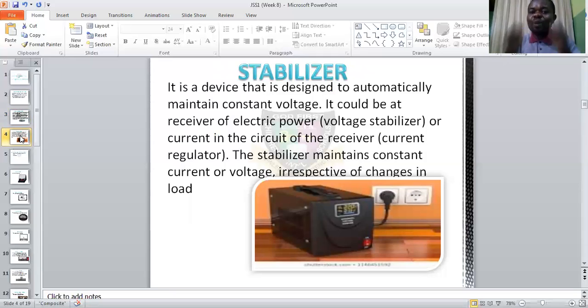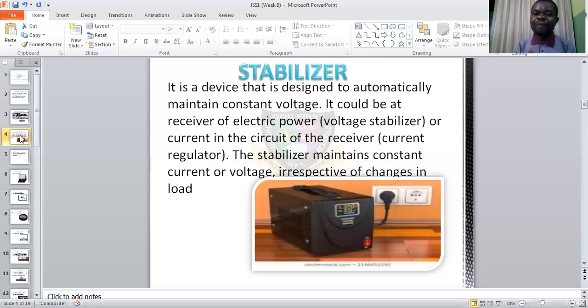The major work of the stabilizer is that the current or voltage that enters, it maintains constant, making it constant, so it doesn't go up or down. If the appliance wants to consume 2 watts of power, it will remain at 2 watts. It doesn't go to 4, later come to 1, or fluctuate.